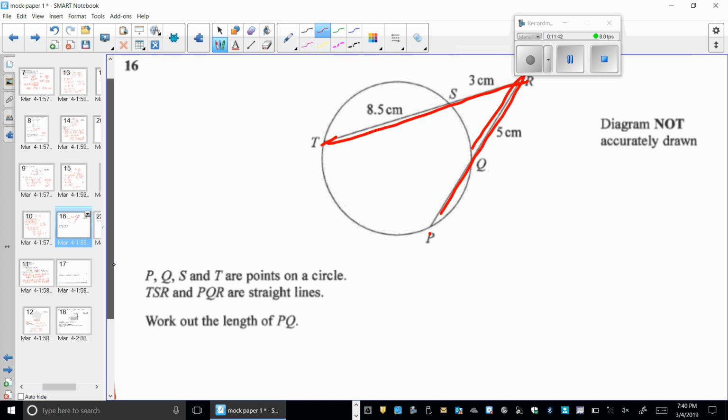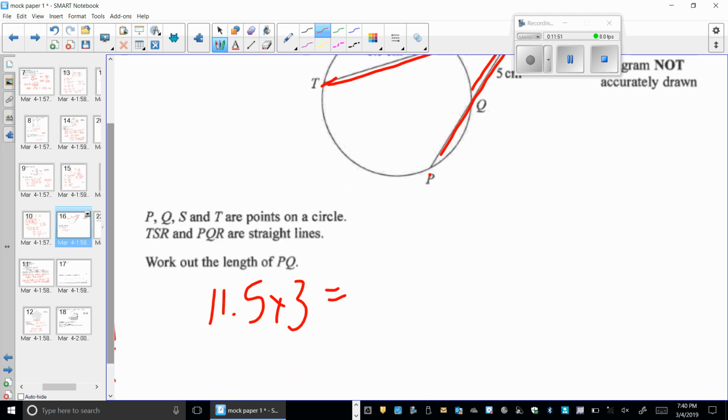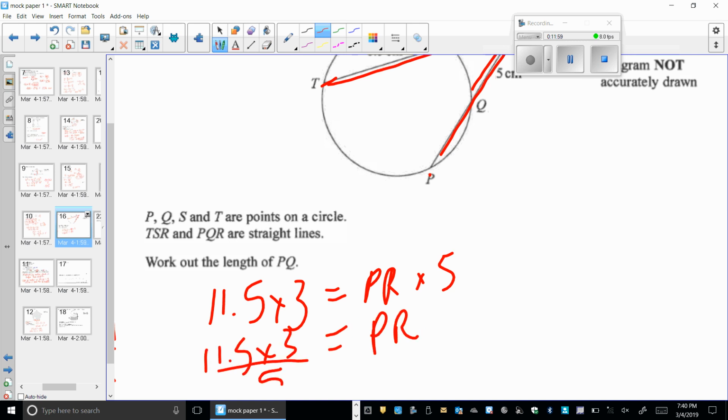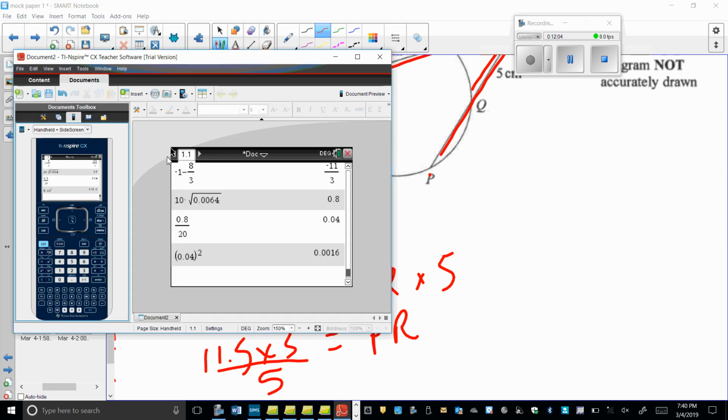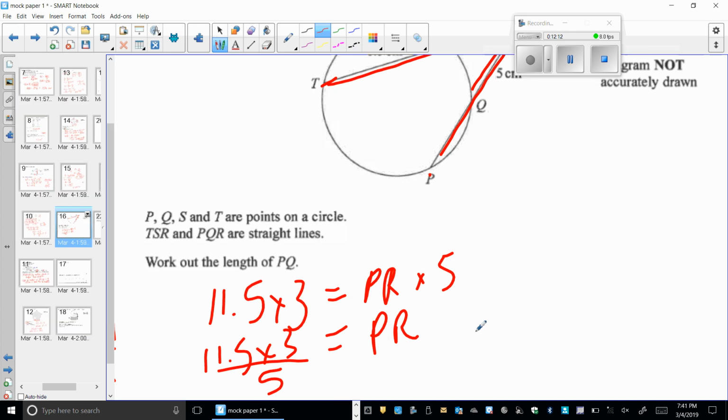That whole length is 11.5. So 11.5 multiplied by 3 is equal to PR multiplied by 5. So PR is going to be 11.5 multiplied by 3 divided by 5, which is 6.9.